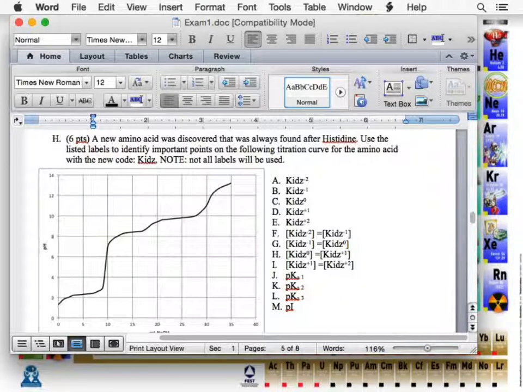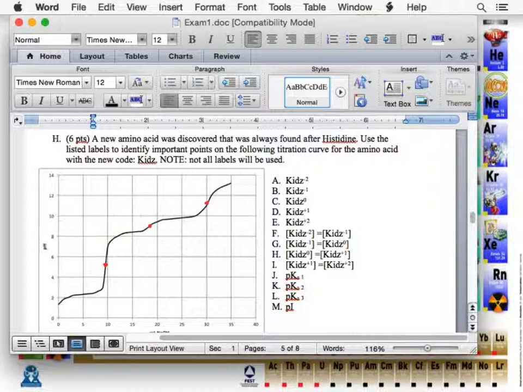Okay, so we've got histidine, and now we've got KIDS as our new amino acid. I did make kind of a mistake here in trying to classify, because you notice that we've got how many equivalence points? We've got 3 equivalence points, 1, 2, 3, which means we will have 3 half equivalence points.